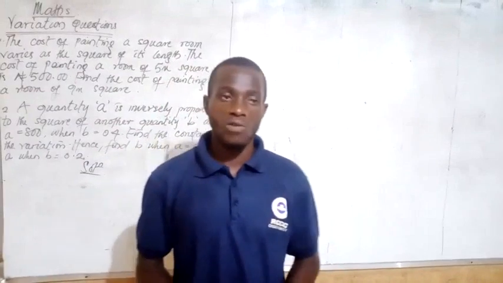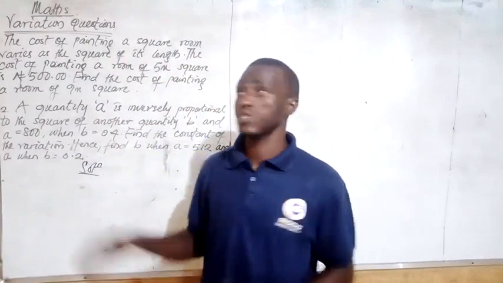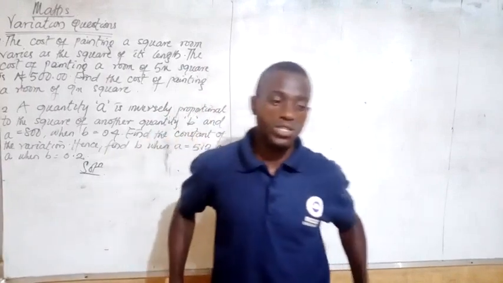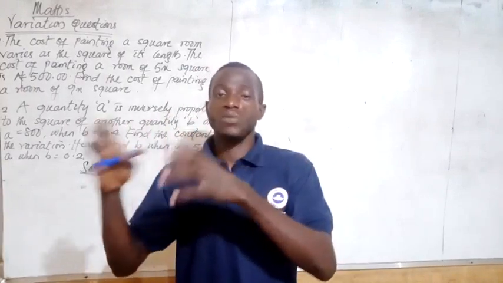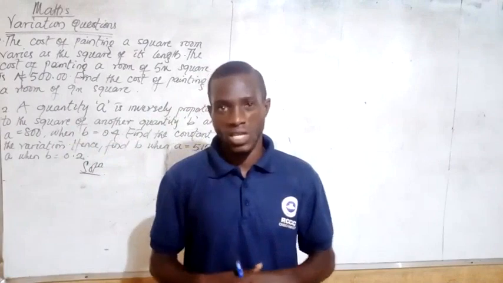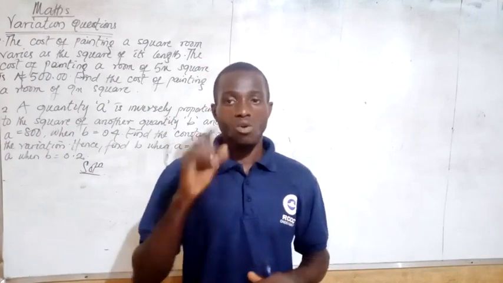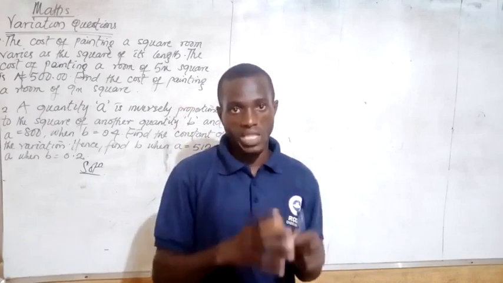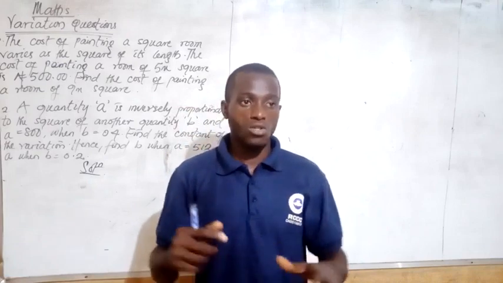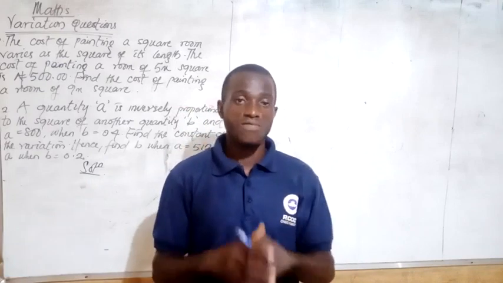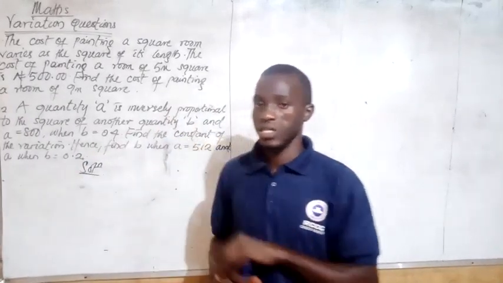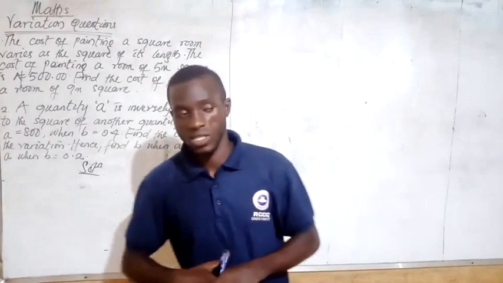We are going to be rounding off the series, as we earlier promised, with a series of questions on variation. The questions are going to span all the 4 types of variation that we have discussed. If you have not already, please go back and watch the videos we did on the various types of variation, because they are going to help you understand very well all that we're going to be doing in this series of questions.